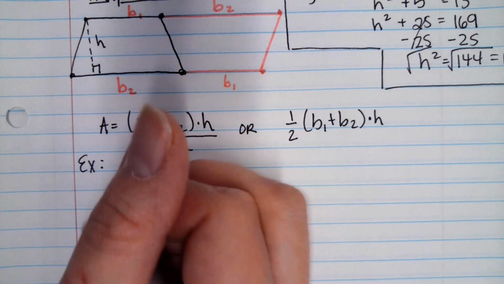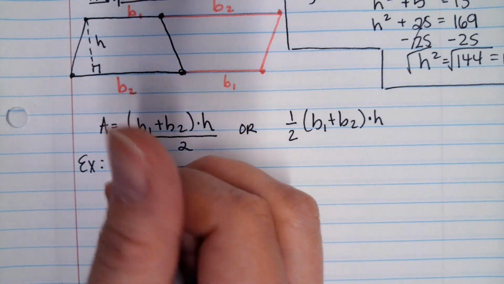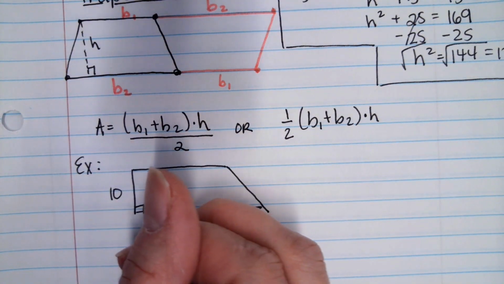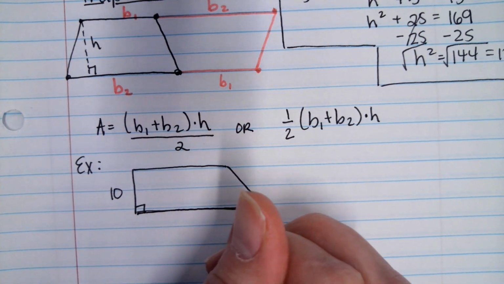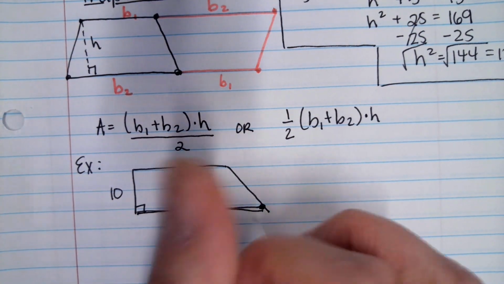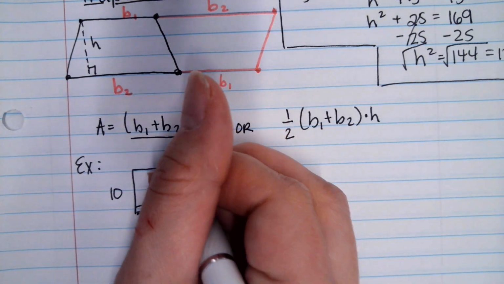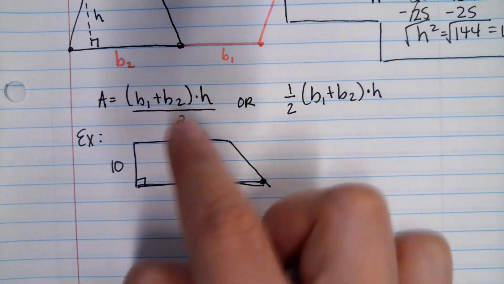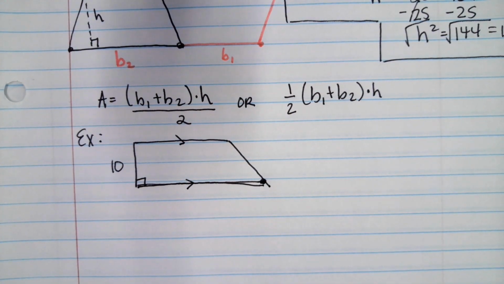I'm going to give you that the height or one of the sides is 10. I'm going to tell you that these guys are parallel because mine looks a little wonky. Remember that the arrows mean parallel, that they're parallel to each other.